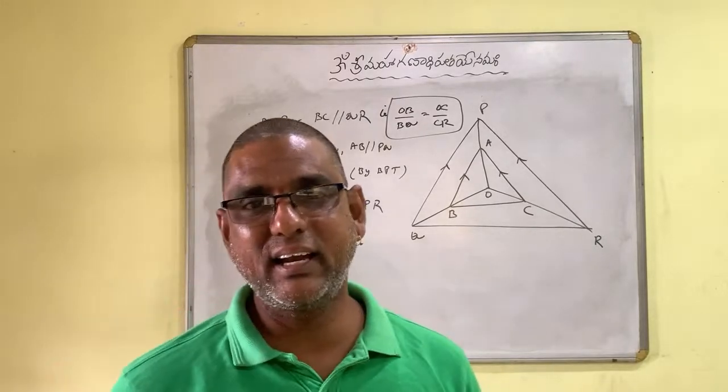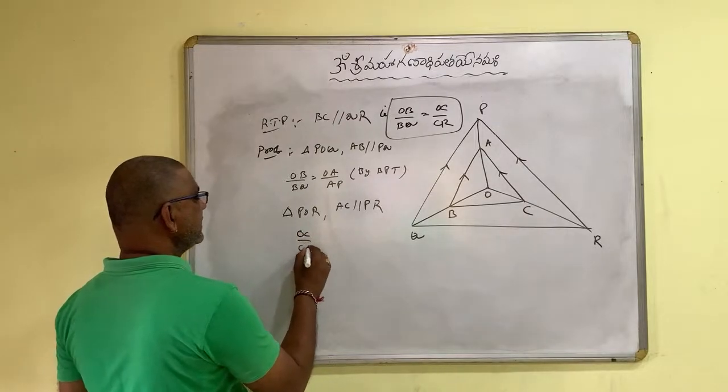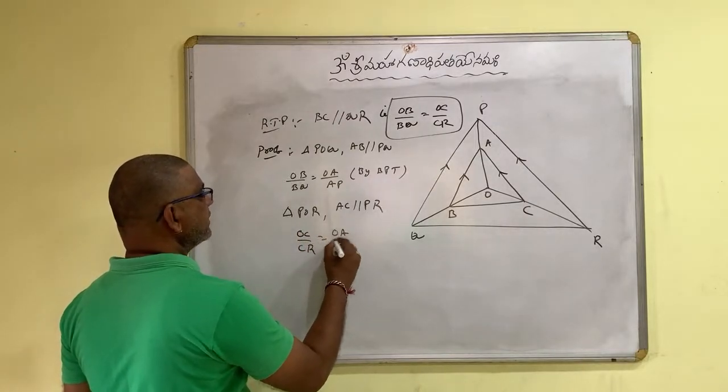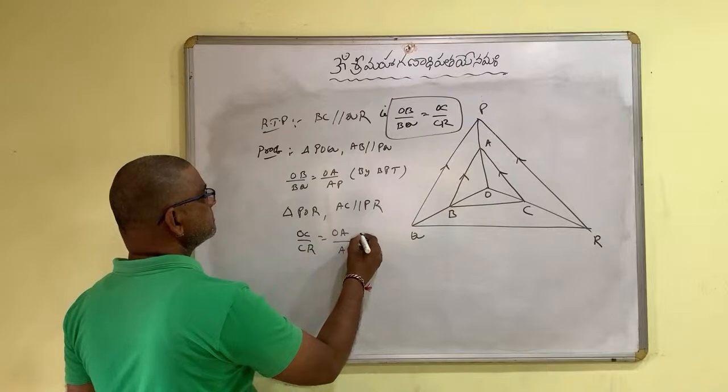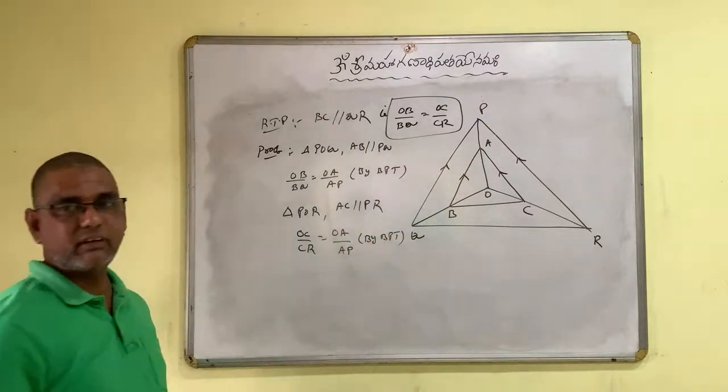OC by CR is equal to OA by AP. Good. OC by CR is equal to OA by AP. Reason? BPT.